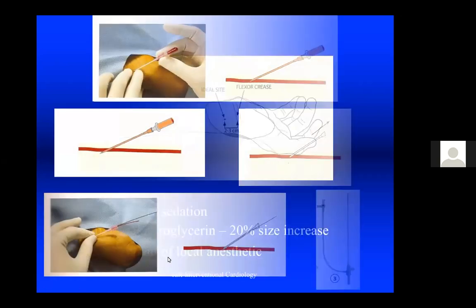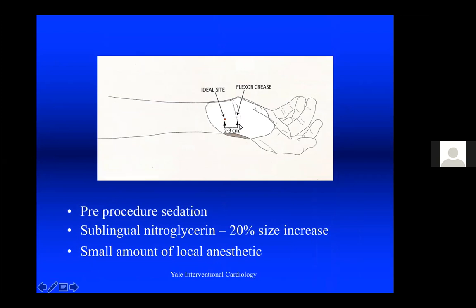And just one other point, it's helpful to identify the major flexure crease in the wrist. There's usually a bunch of skin creases here, but the major one, you want to go about 2 centimeters towards the head to find the best spot where the radial is most superficial.